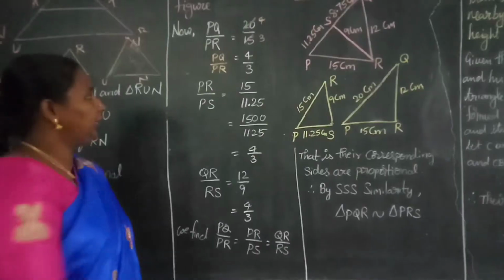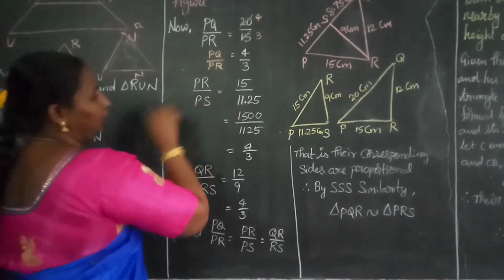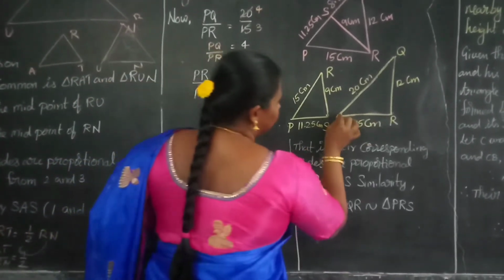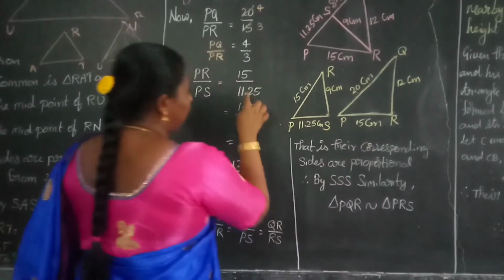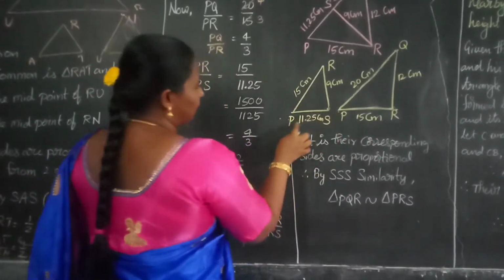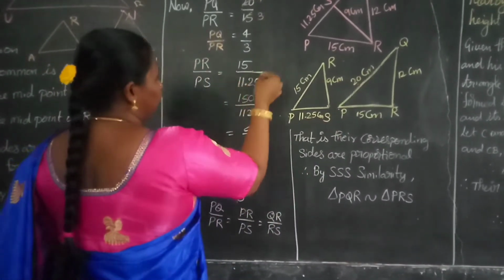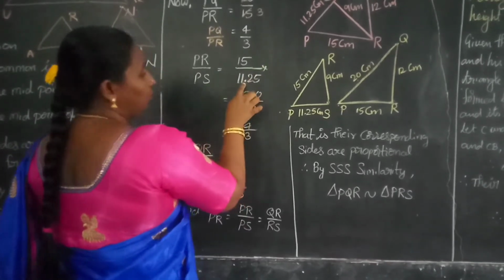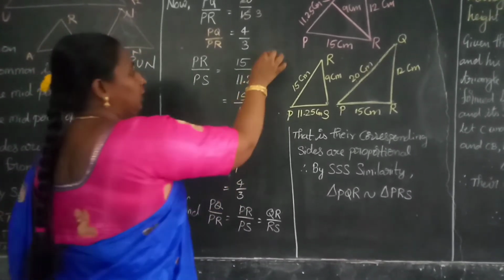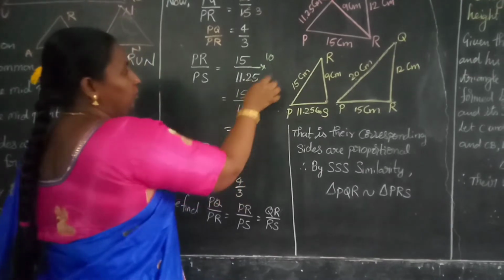So next, PR by PS equal to, what is PR? Take this one. PR is 15 centimeter and PS is 11.25 centimeter. So to divide this, we have to remove the decimal point in the denominator. So how many decimals are there? 2 decimals.